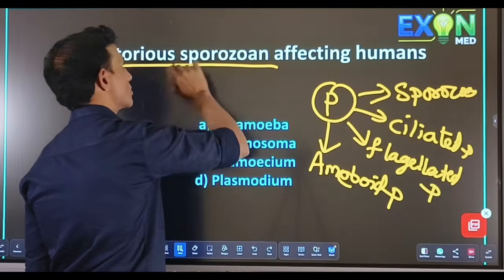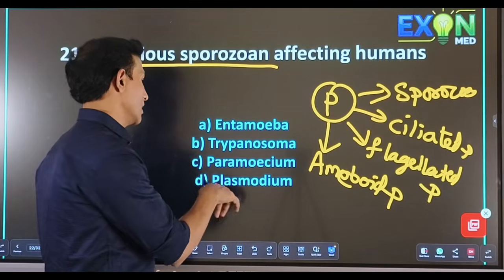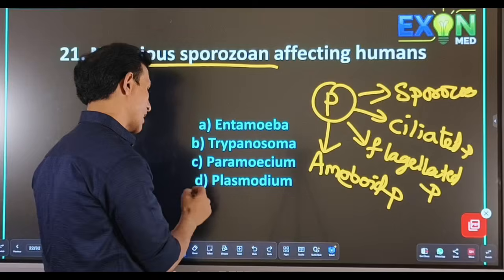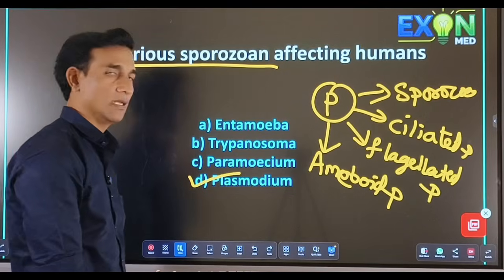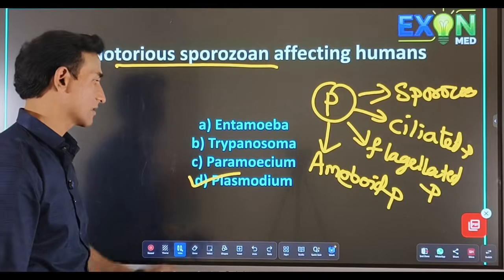So we are speaking about notorious sporozoans. They affect the human population by causing malaria, and the one responsible is Plasmodium. It has a spore-like stage which infects humans.